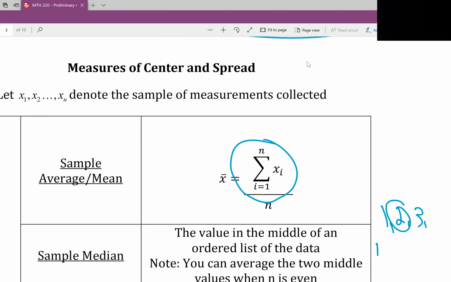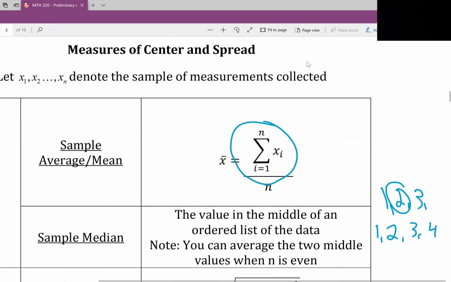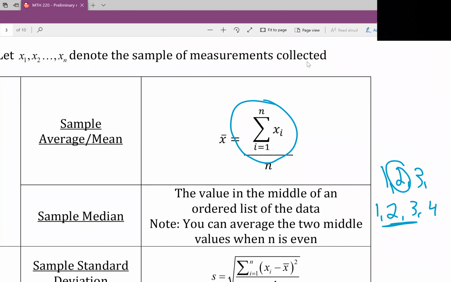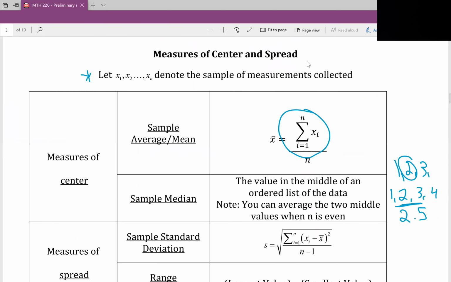If I had the numbers 1, 2, 3, 4, I would take the average of these two middle ones, giving me a median of 2.5. That's our two measures of center, sample average and sample median.